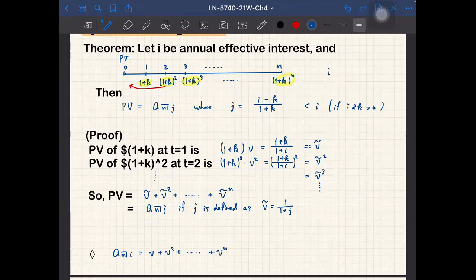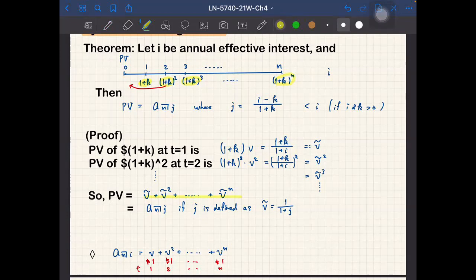Remember that the first dollar at time 1 is worth v at time 0, and a dollar at time 2 is worth v squared at time 0, and so on. So a angle n at i is v plus v squared plus v cubed plus up to v to the nth power. So this PV is also expressed as a angle n at j if 1 over 1 plus j is v tilde.